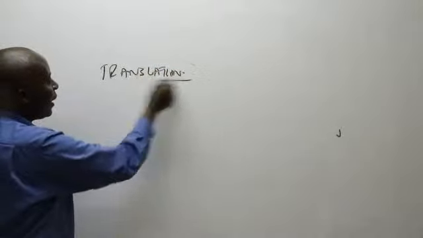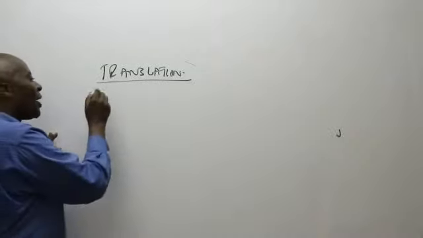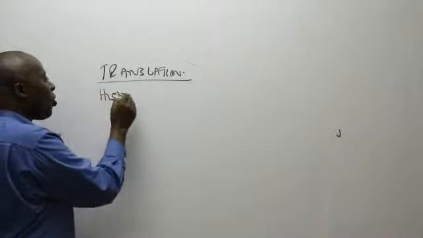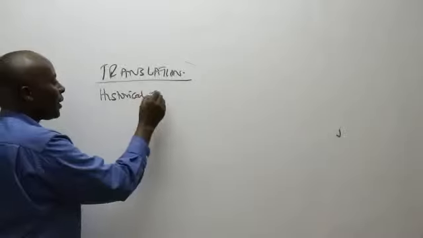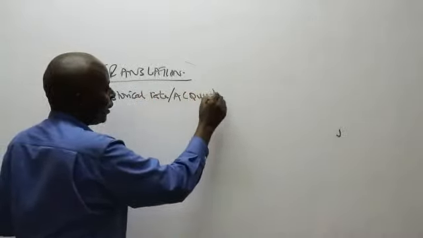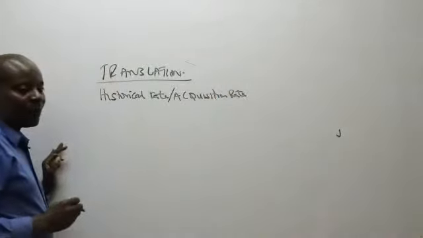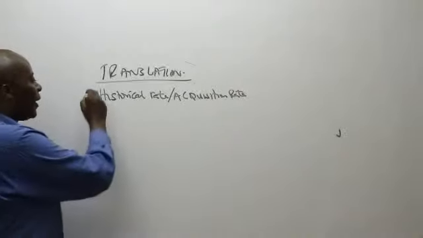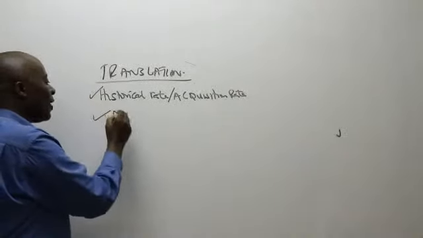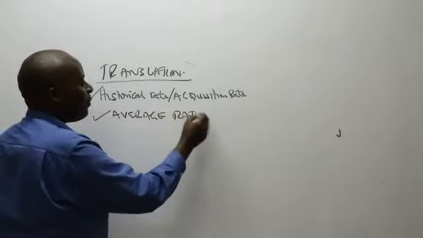you will be given three rates. In most cases, you will be given what we call the historical rate. At times we get some books calling it the acquisition exchange rate. All right. You'll be given the average rate first.